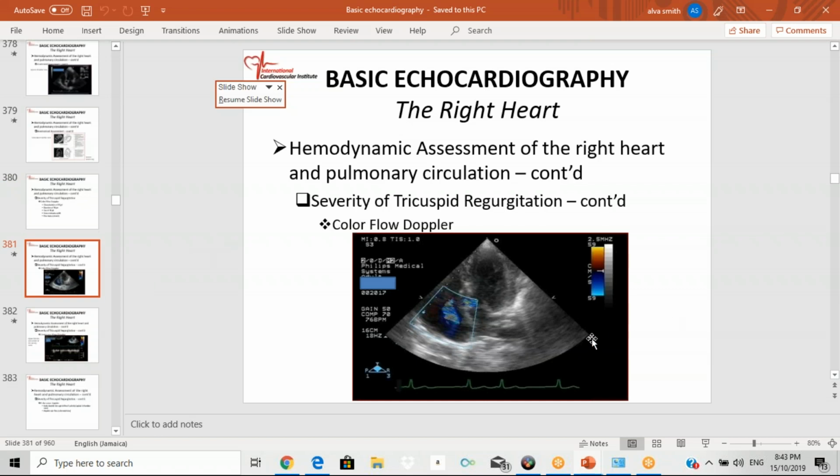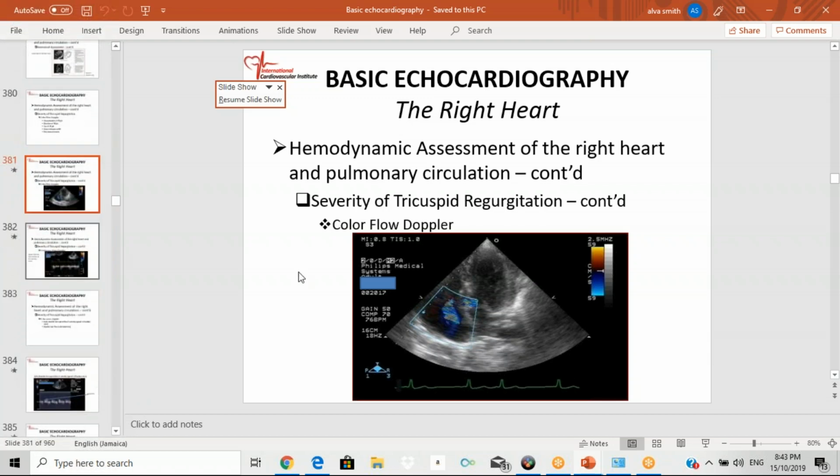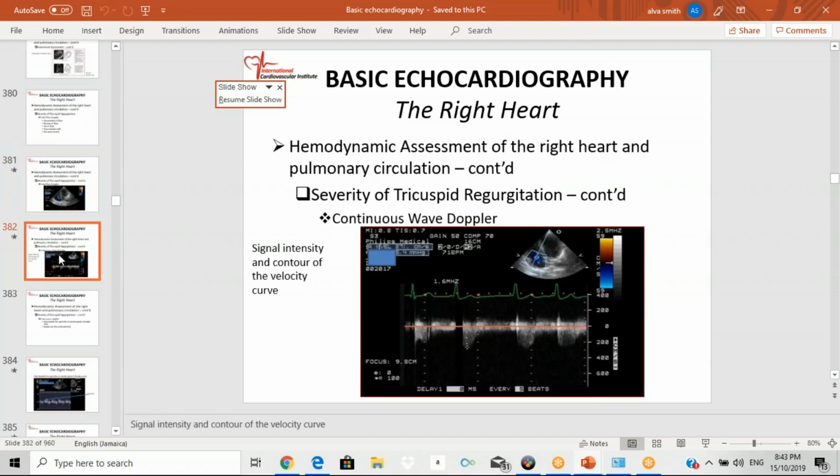So if you look at your color flow and you get a jet which is very small, doesn't occupy more than 20%, this is probably mild. You cannot use color flow only though, okay? You have to use all the tools. The vena contracta is probably one of the more accurate.